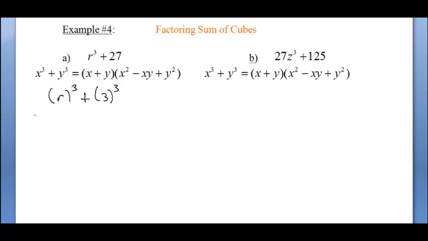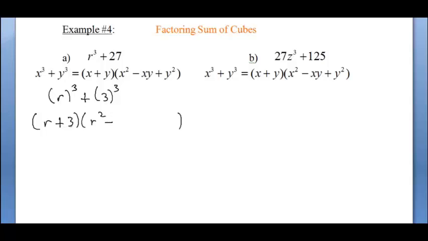So we have r. Now this time our sign is plus, since it's factoring the sum of cubes. So it'd be r plus 3. And now let's follow the pattern. We square that first term, so this becomes r squared. Now these signs have to always be opposite. Since this is a plus, our middle sign will be minus, and it's the product of these two.